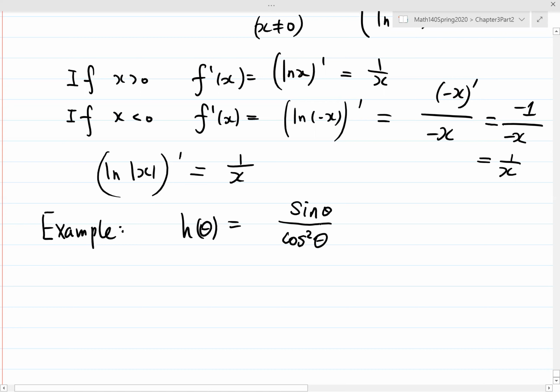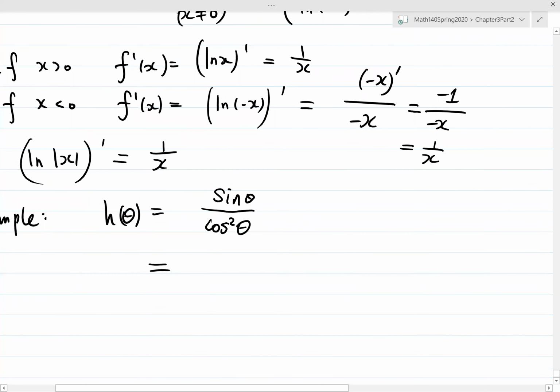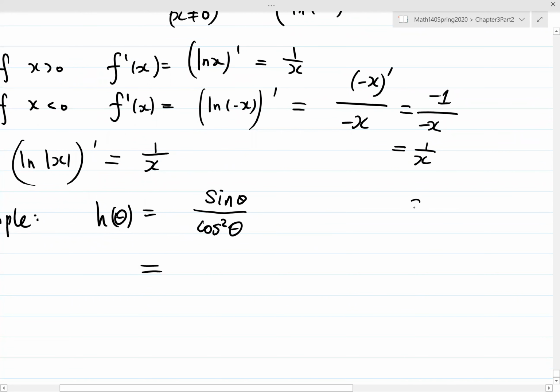Now, if a function is not in the antiderivative table, what we do right now is we use algebra, try to simplify, try to construct so that we get a linear combination of functions that are in the antiderivative table.